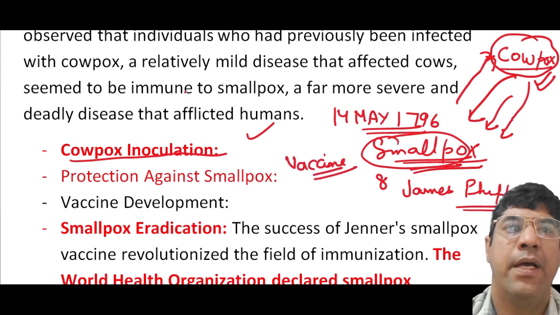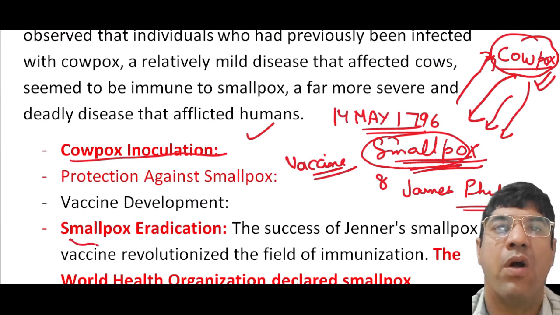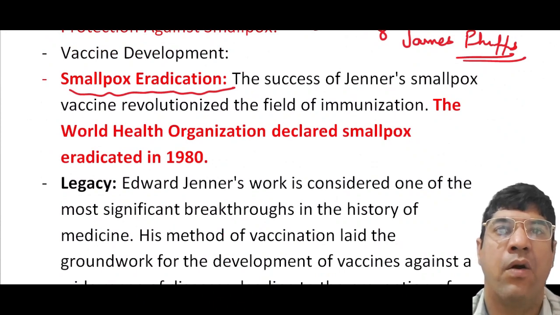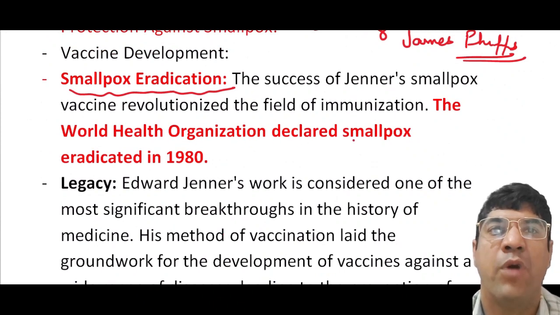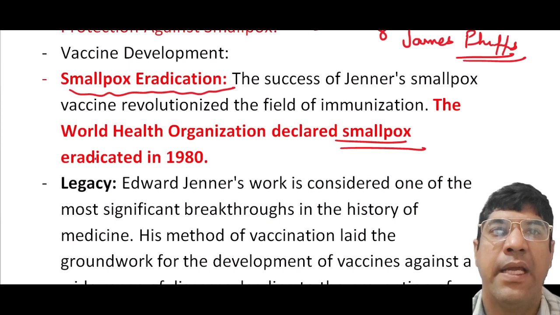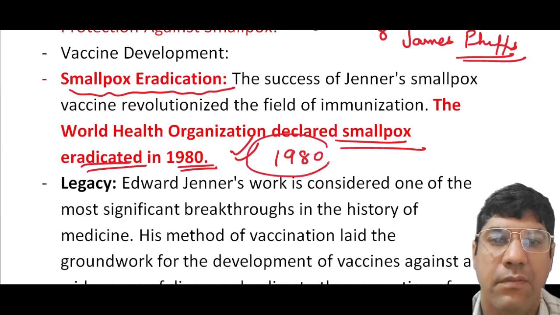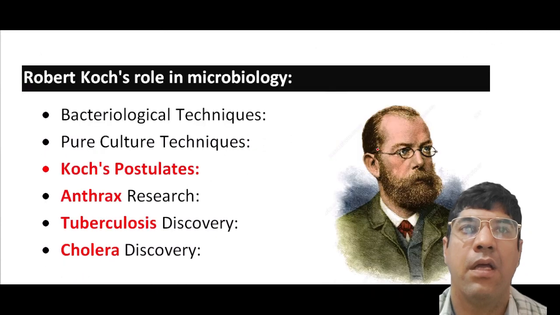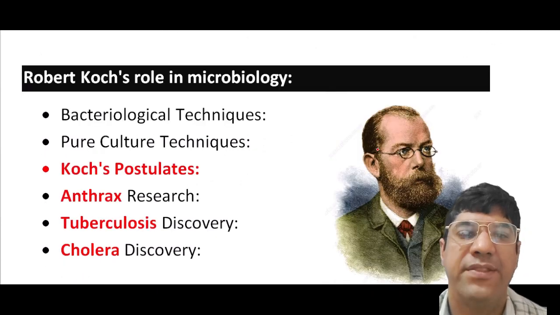So he played an important role in smallpox eradication. Also remember for your entrance exam that the World Health Organization declared smallpox eradication in which year? 1980. Apart from that, another scientist is Robert Koch.